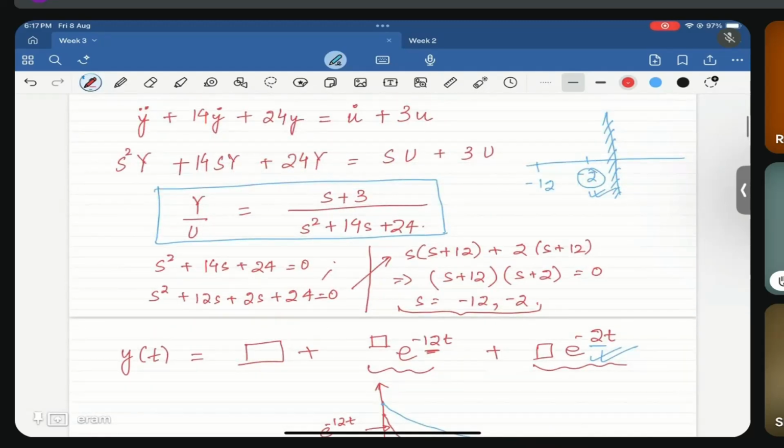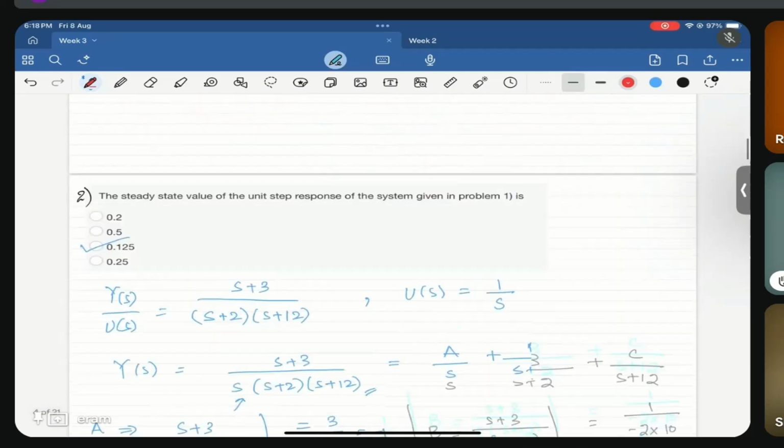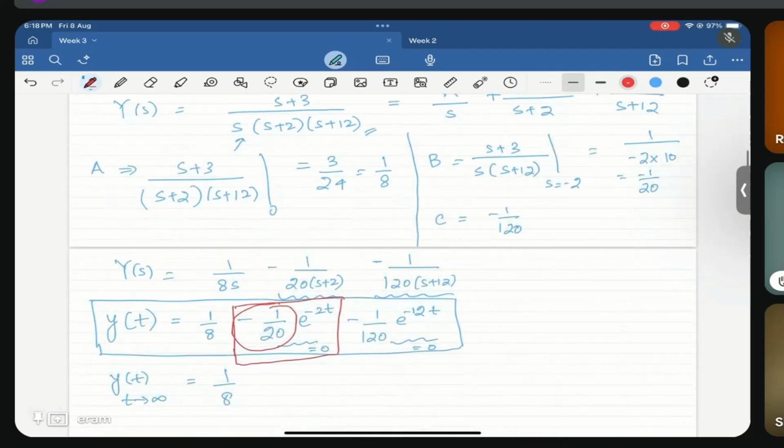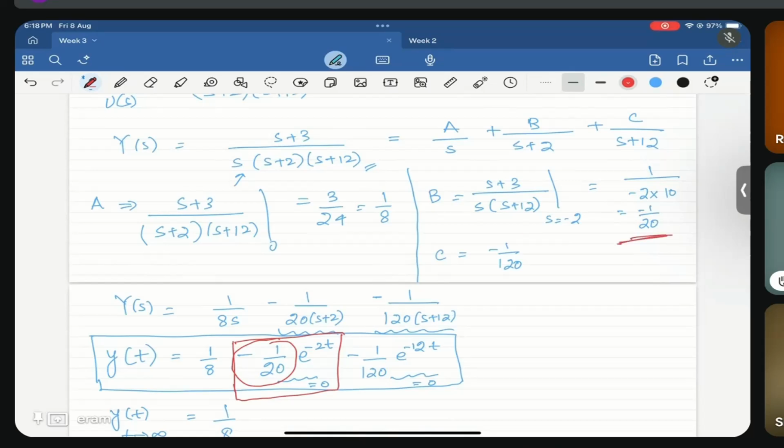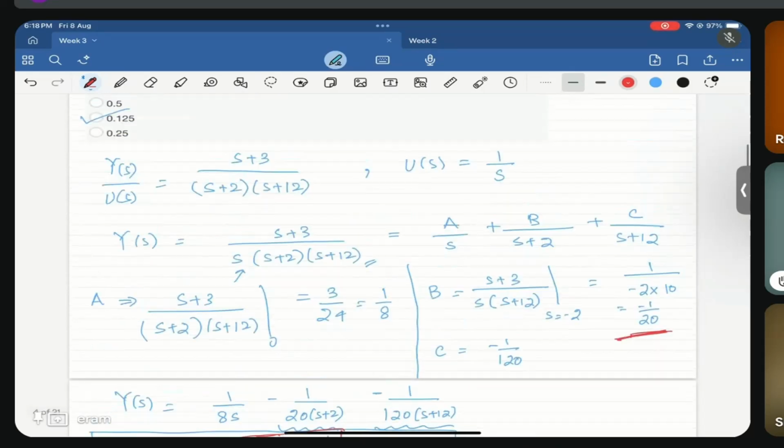The poles were minus 12 and minus 2. So which one is the dominant pole? That part I understood, e to the power minus 2t. Yes. So when we calculated A, B, C, I got B as minus 1 by 20, and here you can see I have got C as minus 3 by 40.